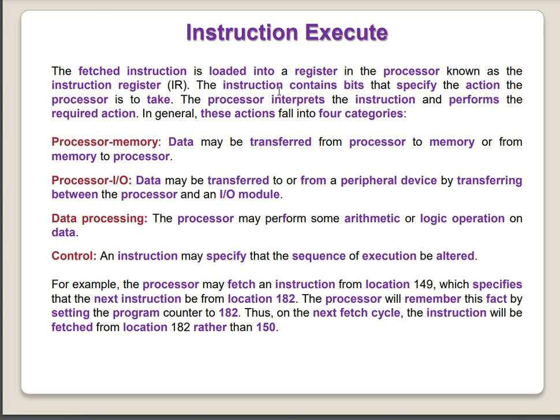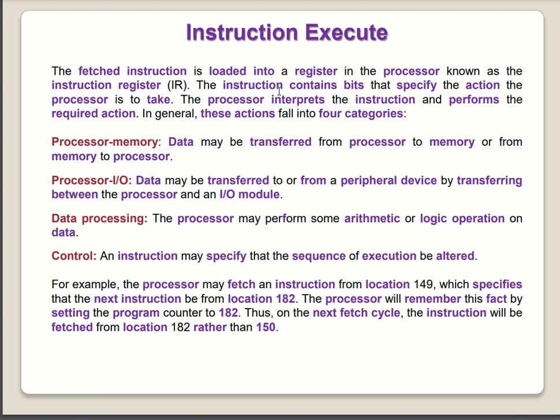This is the first action. The second action is processor to IO. Data may be transferred from the processor to a peripheral device, that is, an output device, or from an input device to the processor. The third action is data processing: the processor performs arithmetic and logical operations on the data.